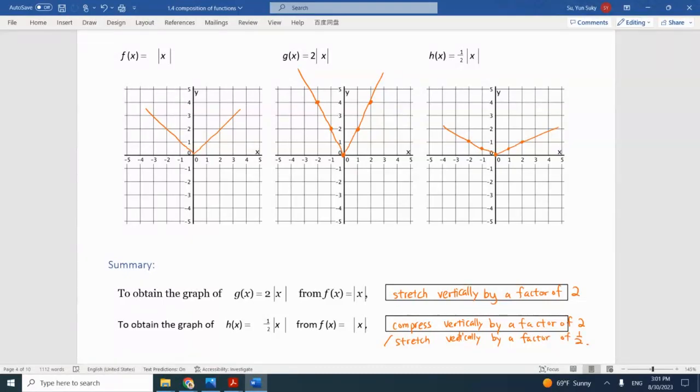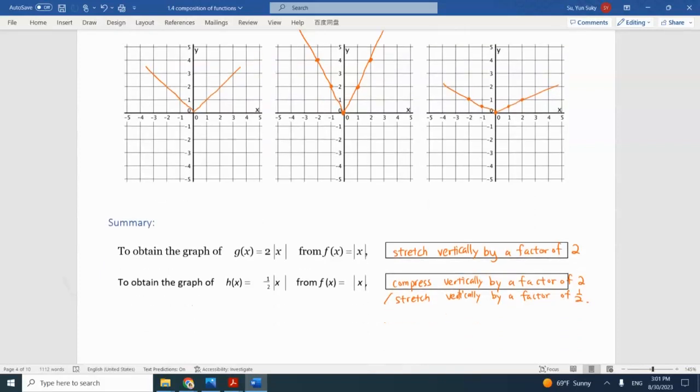But don't say compress vertically by a factor of 1/2. Okay, everybody? Don't say compress vertically by a factor of 1/2, because that would be the same as stretch vertically by a factor of 2. All right. Very good.